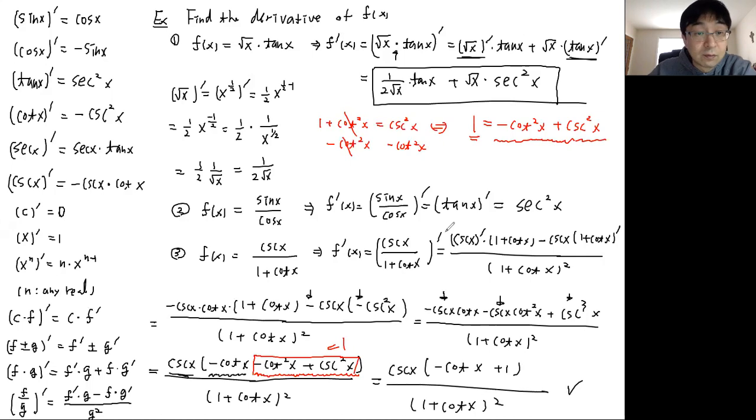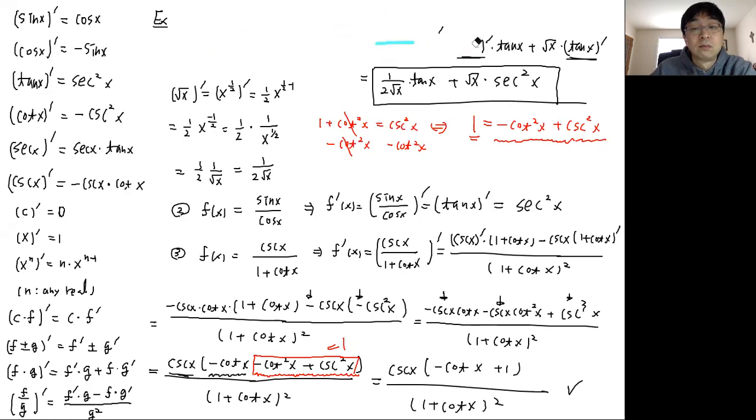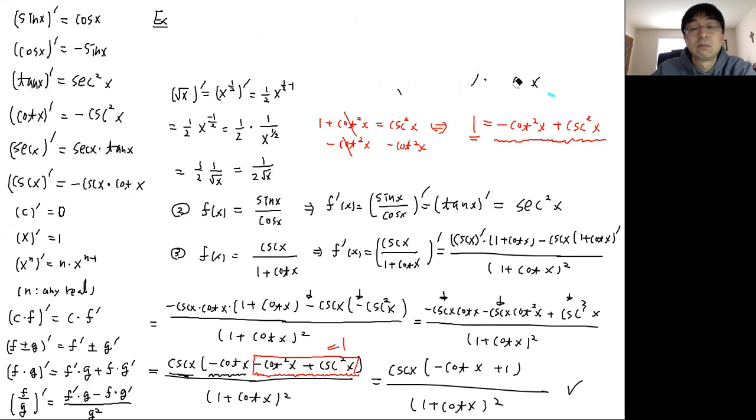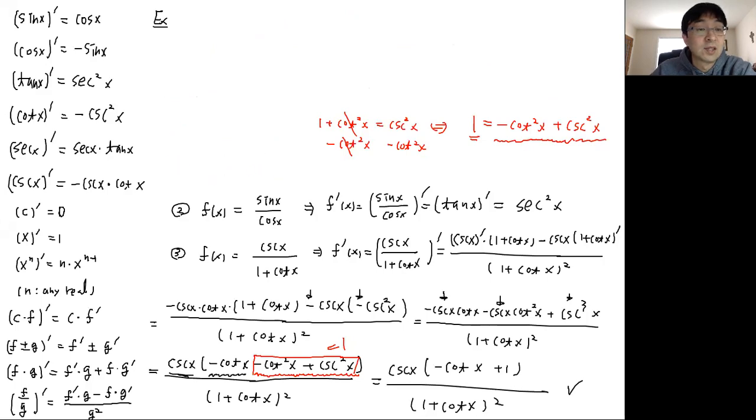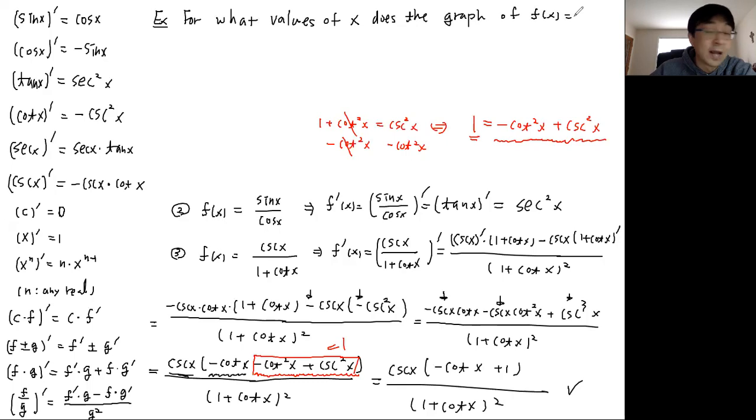The next example is like this. For what values of x does the graph of f of x equals x plus 2 sine x have a horizontal tangent?